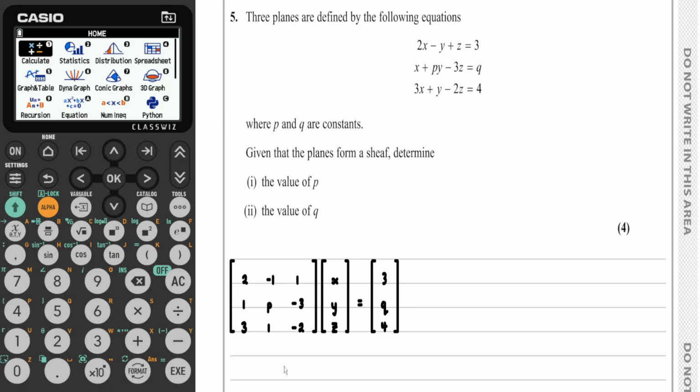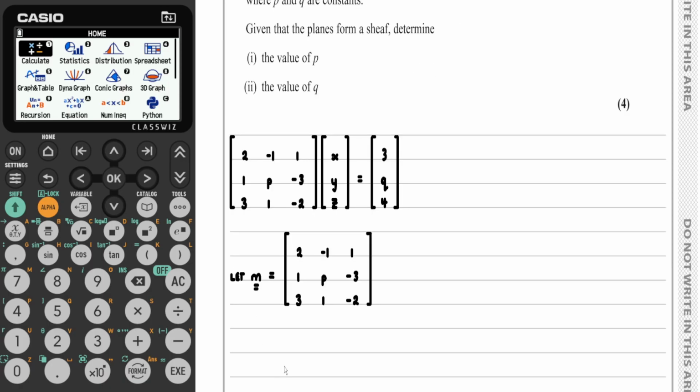Now, we will let the matrix M equal 2, negative 1, 1; 1, p, negative 3; 3, 1, negative 2. And we know that the planes form a sheaf. That means the determinant of M is equal to 0. So we need to find the determinant of M from this matrix.